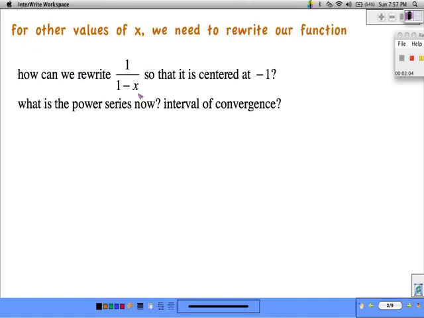So how can we rewrite 1 over 1 minus x so it's centered at -1 instead of at 0? We want to now find the power series for that and the interval of convergence. So we have to manipulate this. We need to get an x plus 1 in here, because x plus 1 means it's centered at -1.